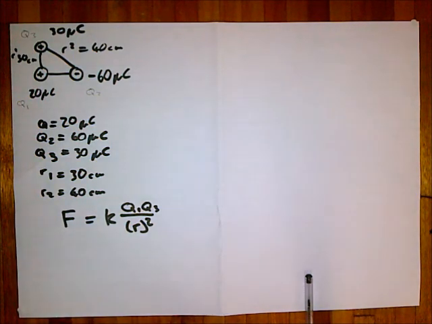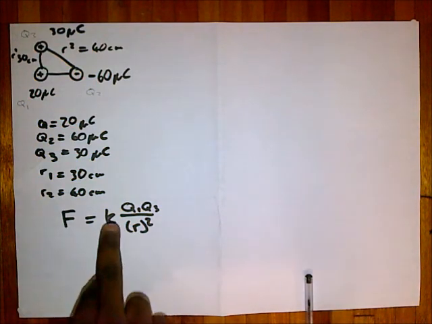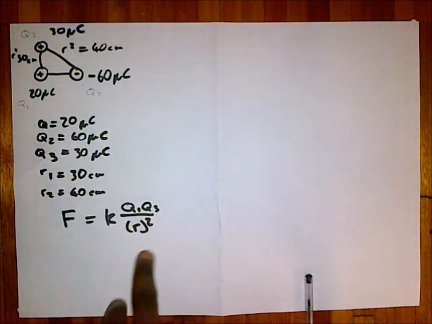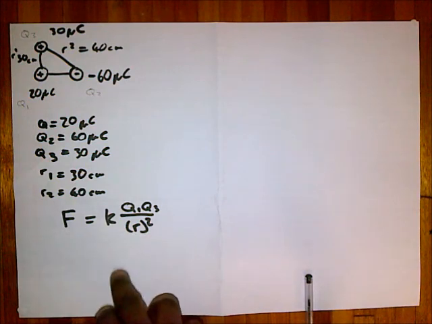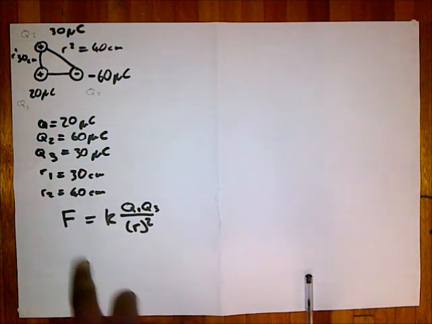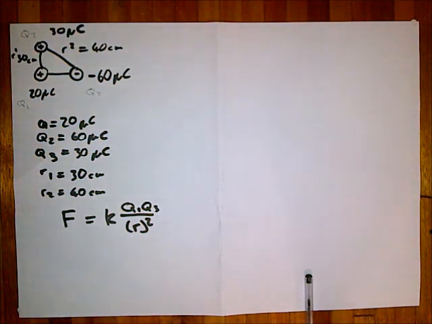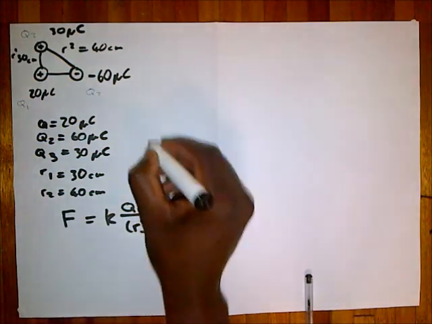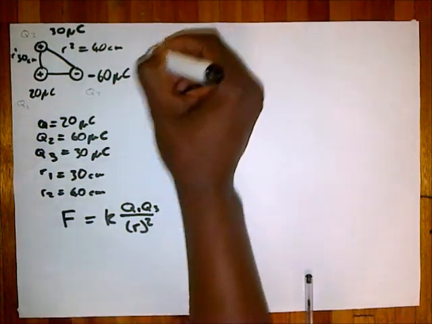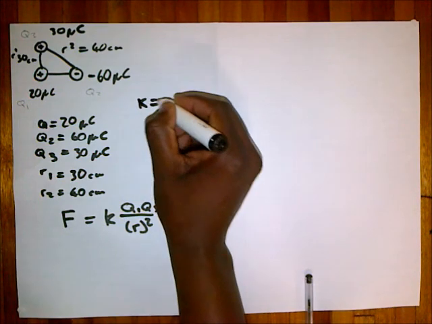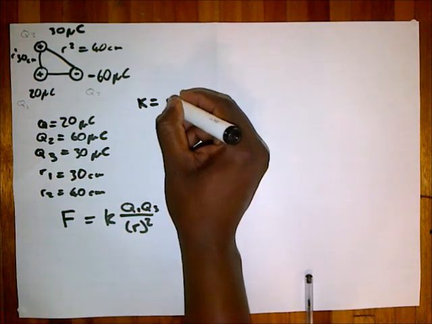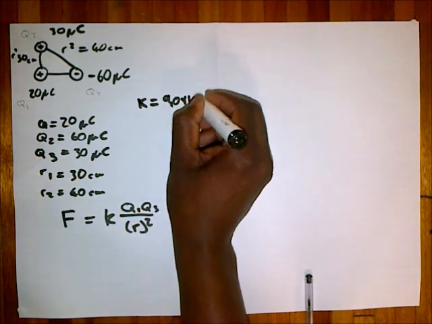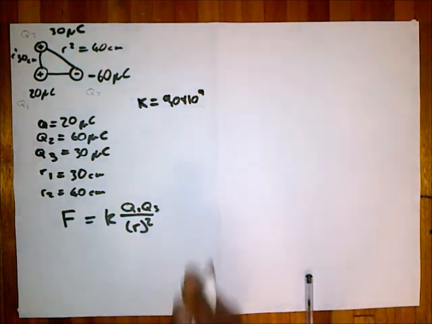This is the electrostatic force between 2 point charges, which is directly proportional to the product of the charges and inversely proportional to the square of the distance between them. Our K is Coulomb's constant, 9.0 times 10 to the 9.